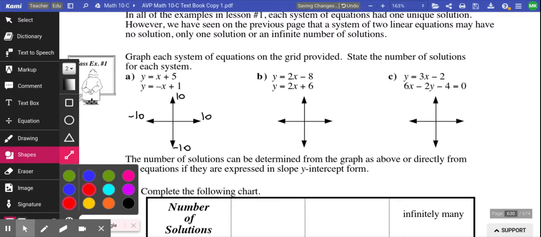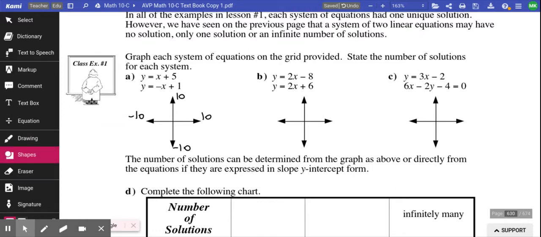Awesome. Hopefully you paused the video and tried to do it. We'll do the first one here. You should have started at 5 and gone upwards like this, so you should have had that as your equation.